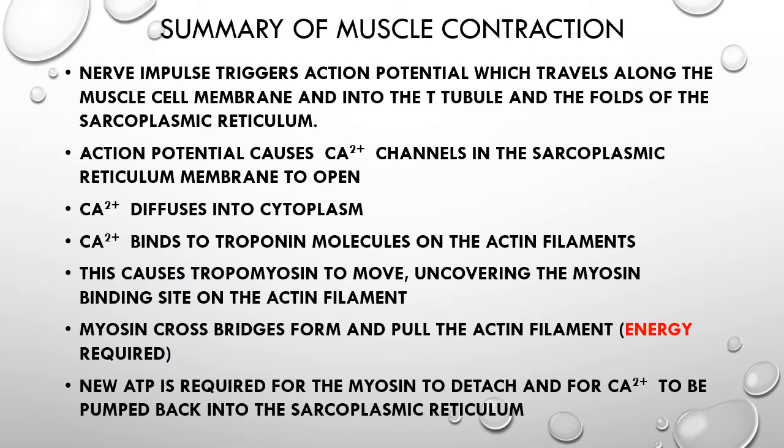So kind of overall, as far as that process goes for our contraction, we start out with an action potential. That action potential comes along, and we have the action potential travel to the end bulbs of the neuron. This causes voltage-gated calcium channels to open up and causes the release of acetylcholine into the cell.